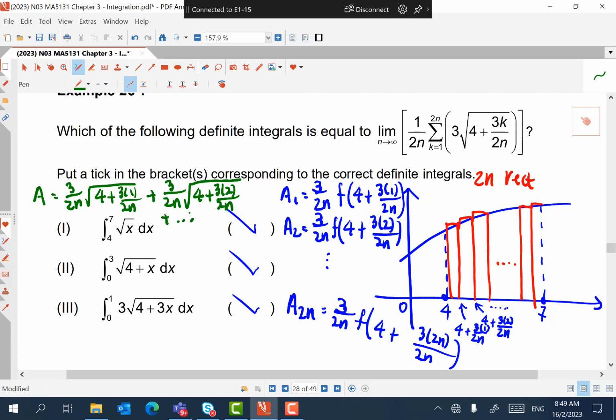You realize that it matches this exactly. By taking the limit, you will get the area under the graph. So for part 1, you can actually prove that the limit of that series is exactly the area under the graph from 4 to 7 of root x.